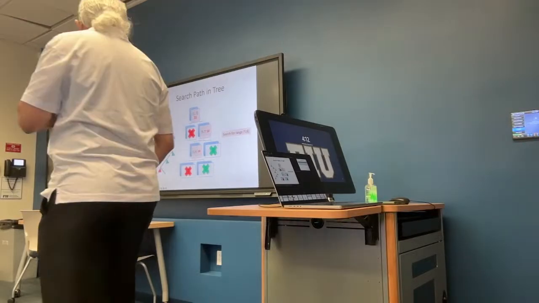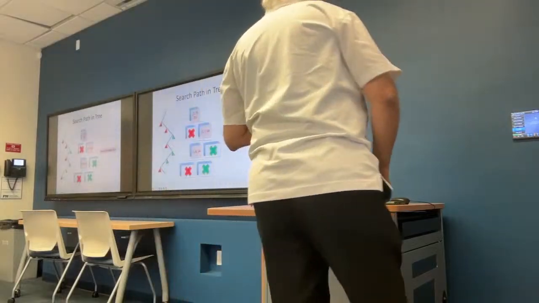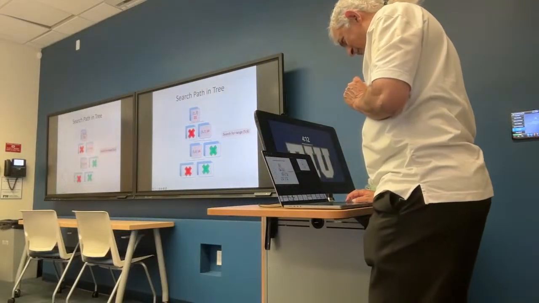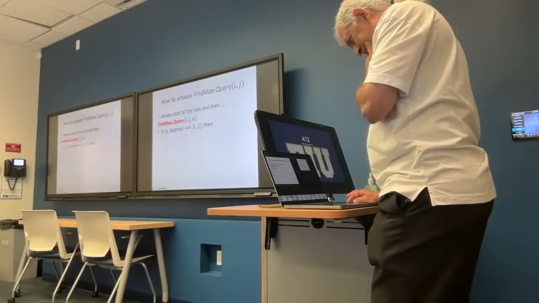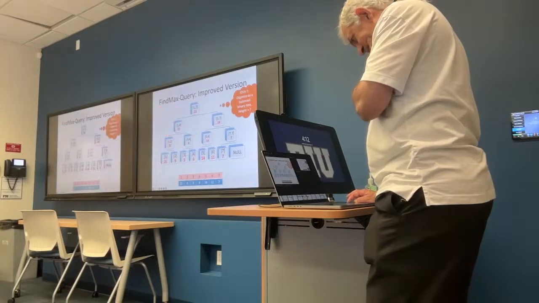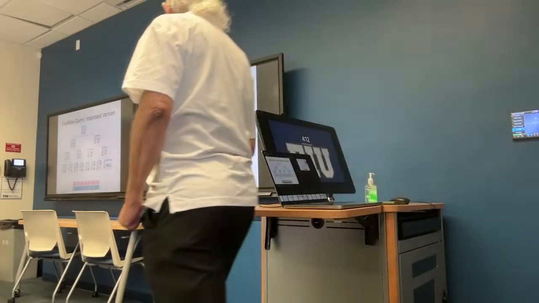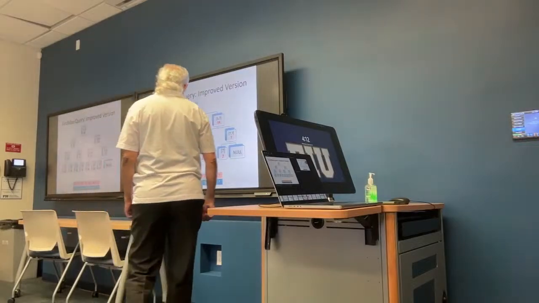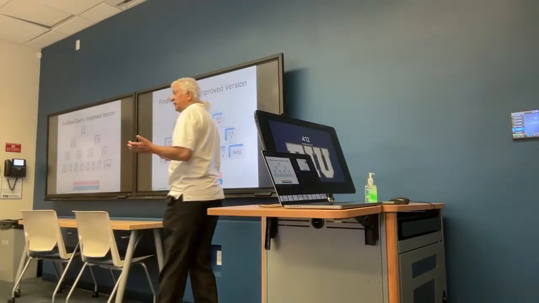So a little bit complicated, but that's how it goes. If you want, we could go through an example here. Yeah, let's do an example here. Let's say we want to go from 2 to 6.